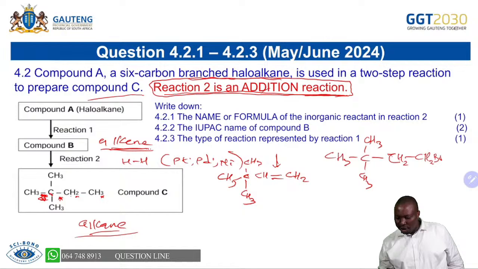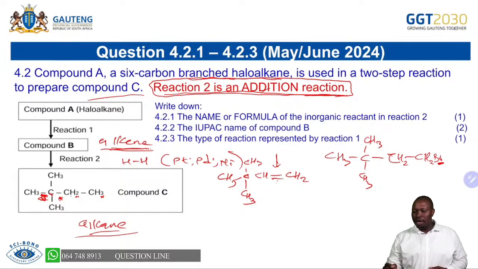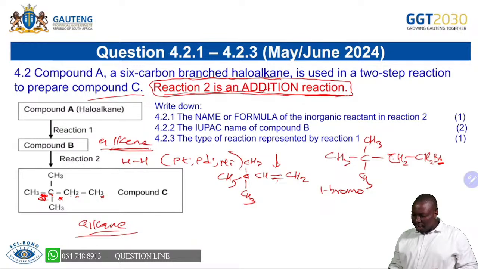So this is your expectation that the haloalkane in compound A looked like this. You just didn't confirm the position of the bromine. But because the double bond is in carbon number 1, let the bromine be in carbon number 1, so that we don't have issues. So compound A will have been 1-bromo in carbon number 1, and in carbon number 3 we have 3,3-dimethyl.